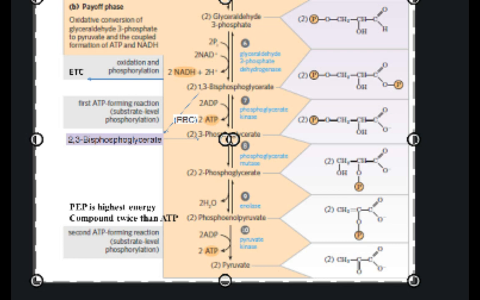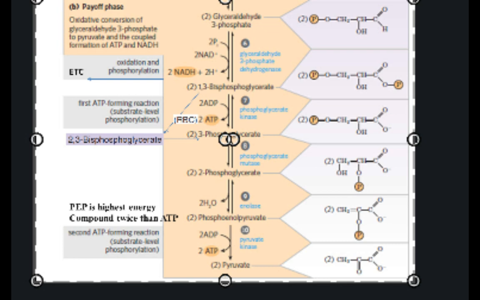So this is called substrate level phosphorylation, and here is the first example, when 1,3-bisphosphoglycerate is converted into 3-phosphoglycerate. So ATP is produced. When the second 1,3-bisphosphoglycerate converts into 3-phosphoglycerate, another ATP will be produced. So two ATP are produced at this step.